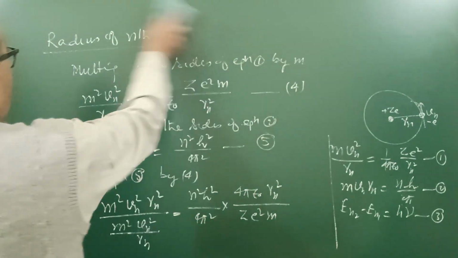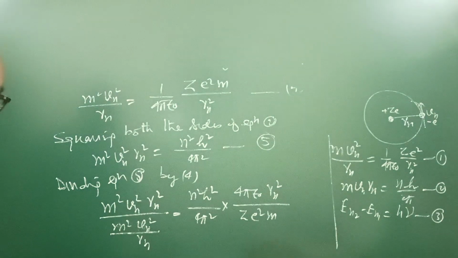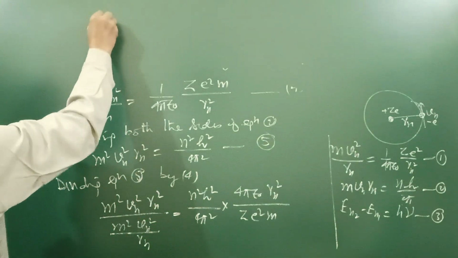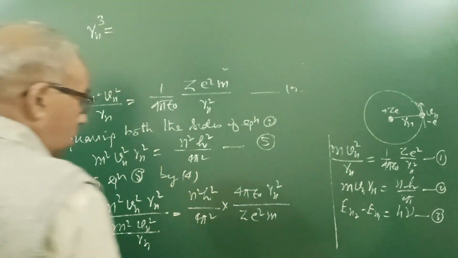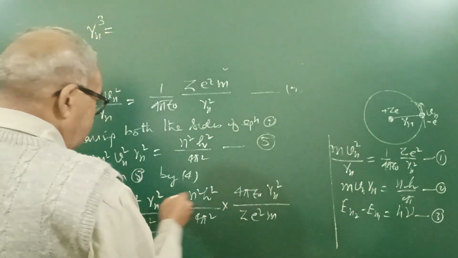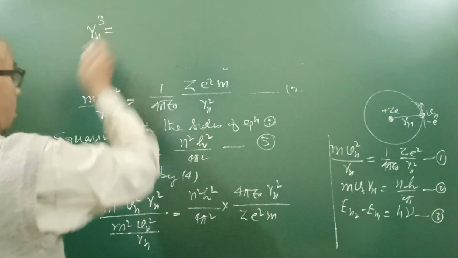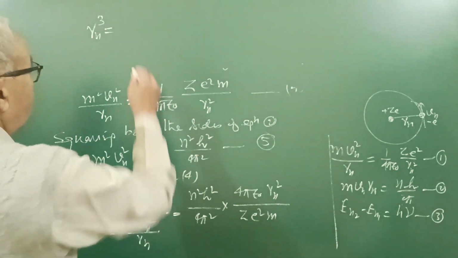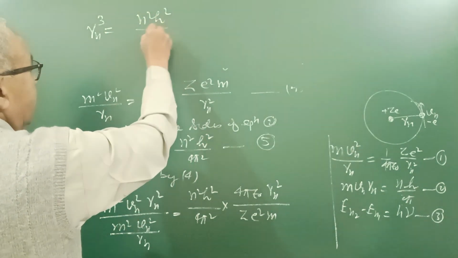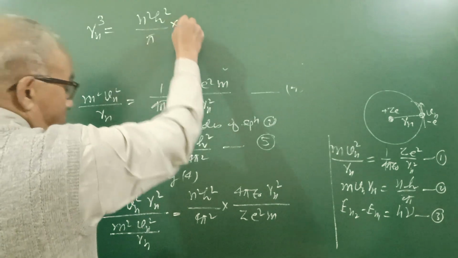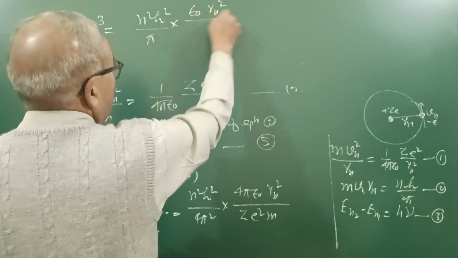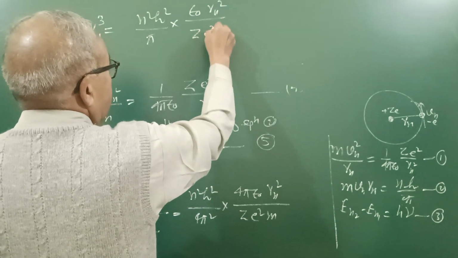So now what will you get? The m square Vn square cancels, so Rn cube equals, 4 cancels, pi square cancels, and Rn square cancels, n square h square upon pi into epsilon 0 Rn square upon Z square m.